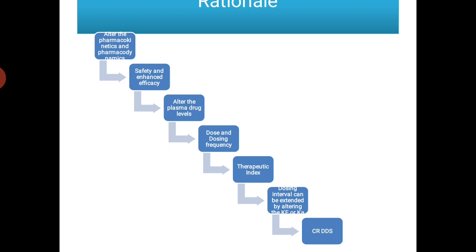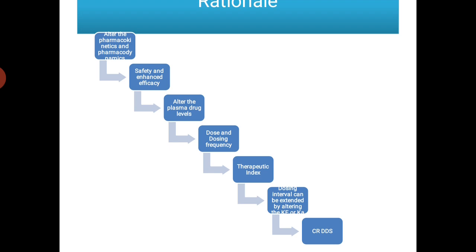Now, the dose as well as the dosing interval can be modified in conventional dosage forms, but there is the therapeutic window, the plasma concentration range above which the therapeutic effect is exhibited and beyond which undesirable effects may occur. What happens is, altering the dose as well as the dosage regimen can harm the therapeutic index. You know what the therapeutic index is? It is the ratio between the maximum safe concentration and the minimum effective concentration.